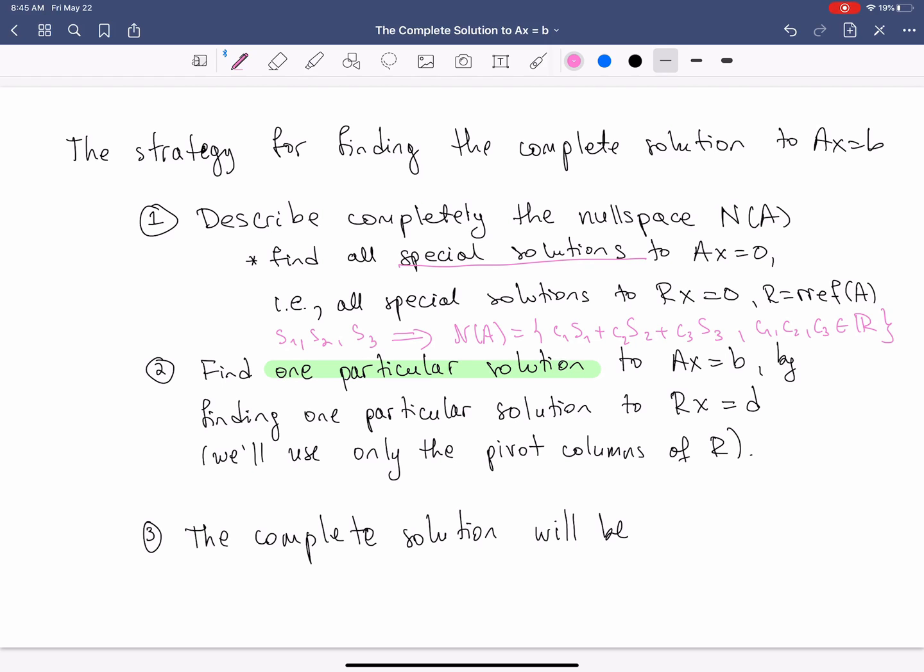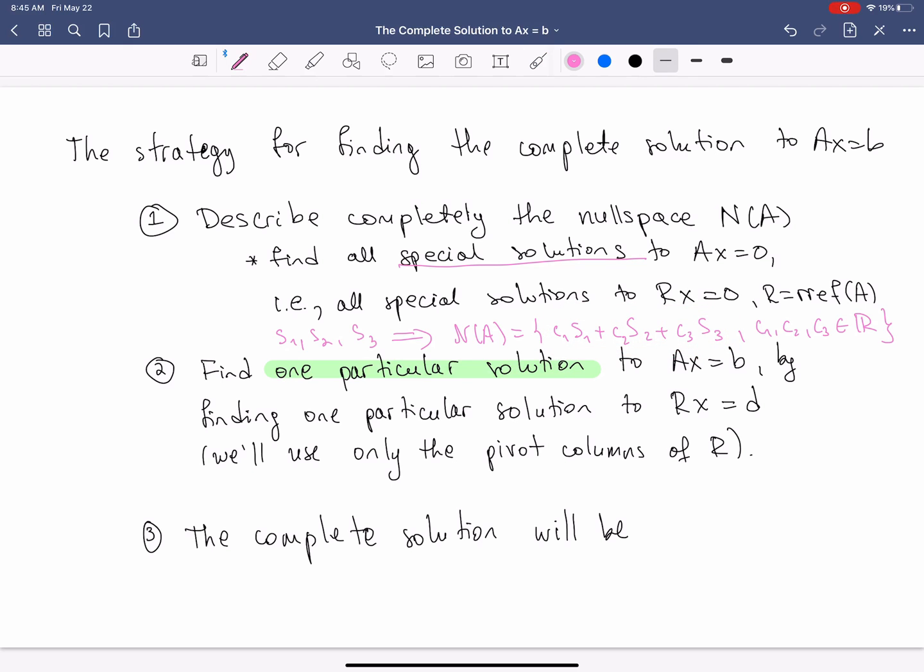So you see the general expression of the null space is this. You can take linear combinations of the special solutions to Ax equals 0.